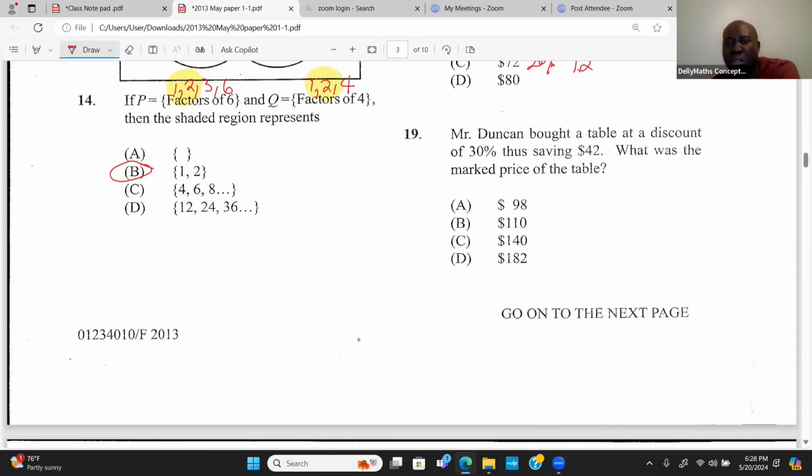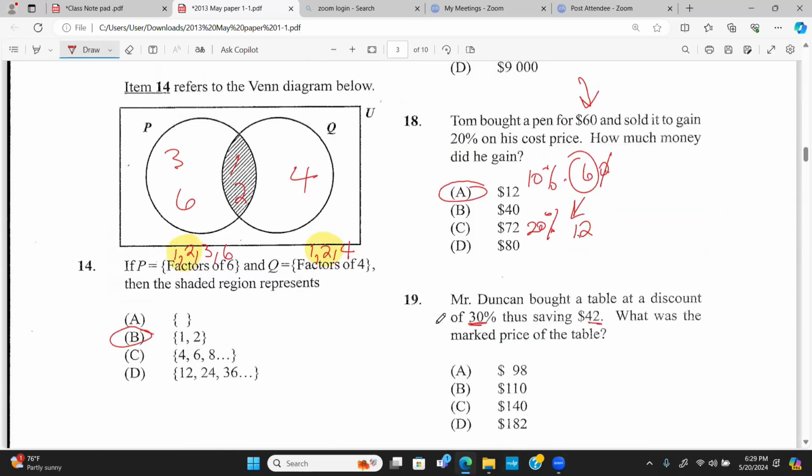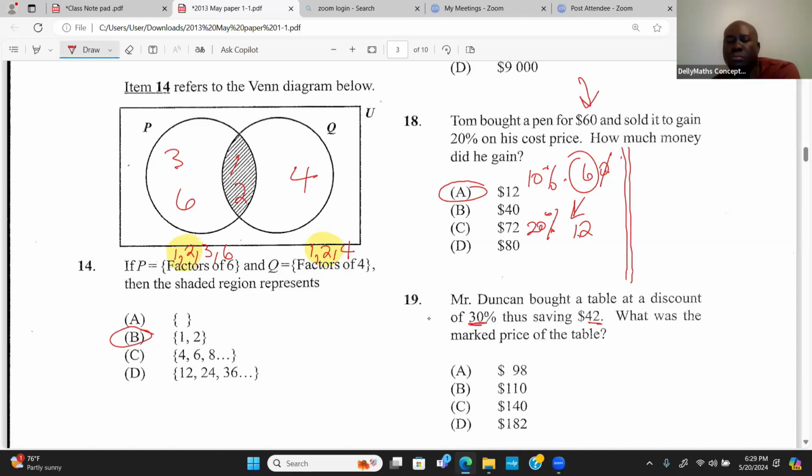Mr. Duncan bought a table at a discount of 30. Thus, go ahead. Can you go back to the one before? Right there. So when you said that for the 60, you say you drop off the 0, you get what?